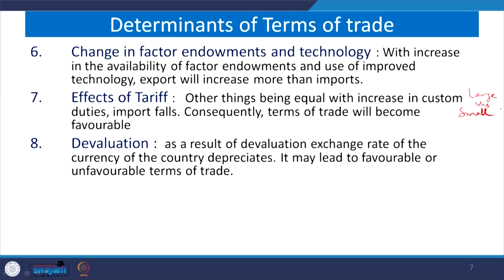Devaluation, as we know, is the official channel, the official pattern by which the currency rates are actually devalued, reduced. So, with devaluation, the exchange rate of the currency of the country depreciates. So, devaluation actually depreciates the value of the currency. When we depreciate deliberately, what happens?